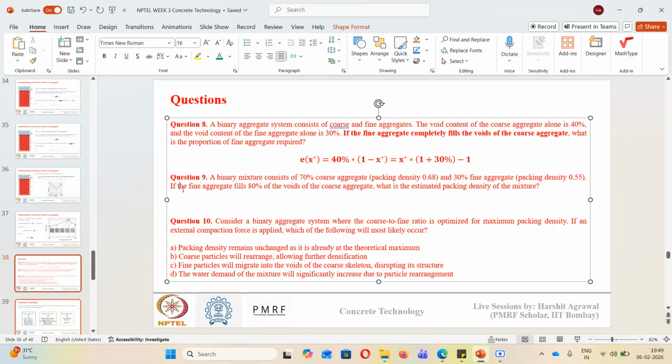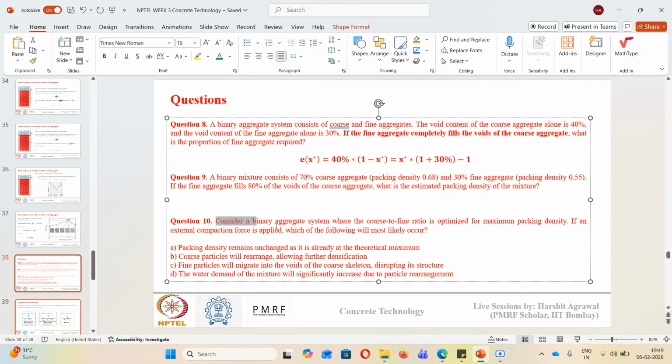If fine aggregate fills 80% of the voids of coarse aggregate, what is the estimated packing density of the mixture? This is a little difficult question to think right now, but still give it a try. I will wait for a minute and see if anyone can get the answer.